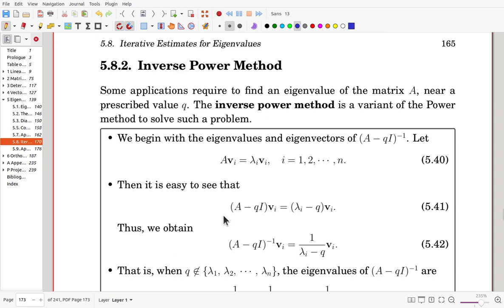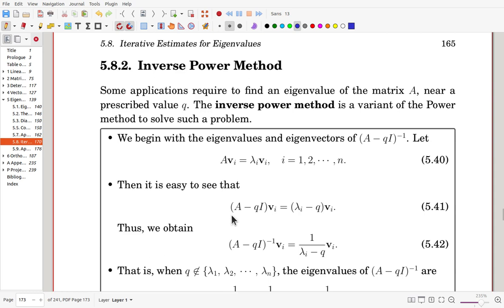To formulate the inverse power method, we start from that equation. A vi is lambda i vi. That means that lambda i, vi are eigenpairs of the matrix A. Now we subtract q along the diagonal, then we can get that one.